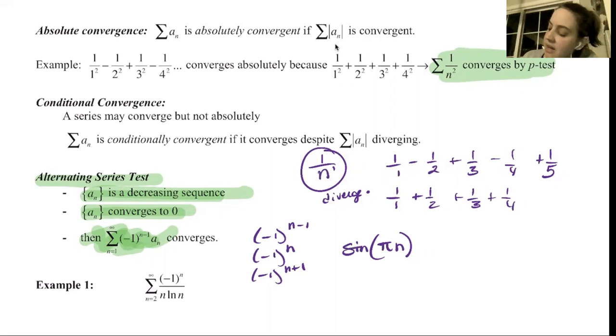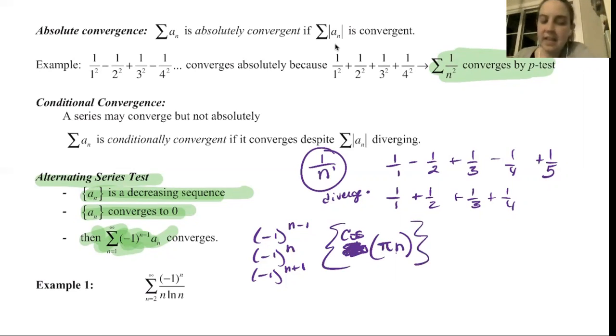I guess it's cosine. Cosine of 0 is 1. Sorry, it's been a long day. Cosine of pi is -1. Cosine of 2 pi is 1. All right, that one alternates between positive and -1. So just be on the lookout for that. Those trig functions can sneak in there.